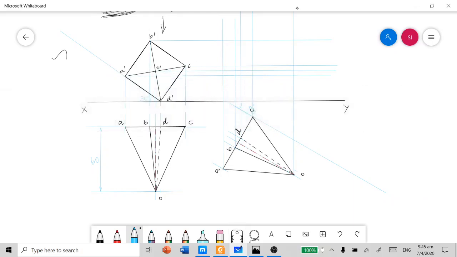Now we need to identify the cut points. Starting from A dash, the projector of A comes from the top view and the projector of A dash comes from the previous front view. Both will intersect here and we mark the point A dash there. And similarly point B dash, point C dash and point D dash, and finally the point O dash.